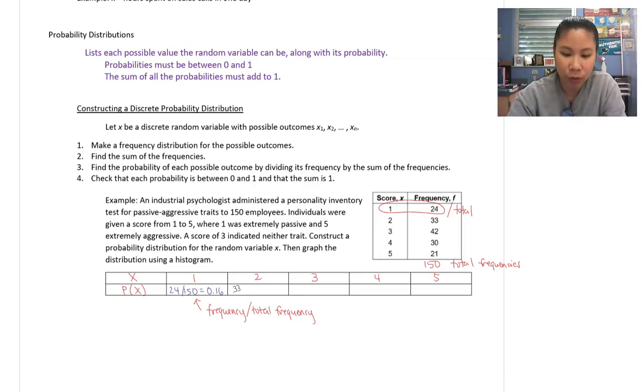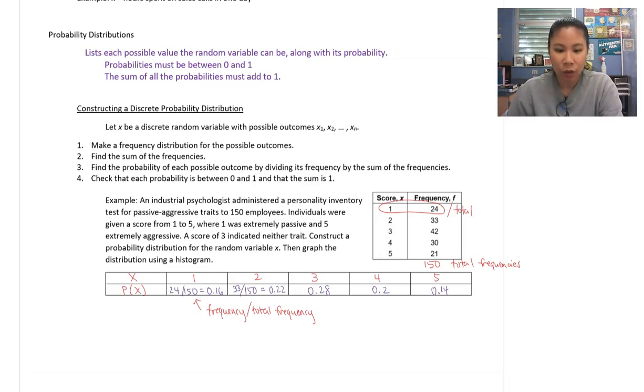For a score of 2, the frequency was 33 divided by 150, we get 0.22. For a score of 3, 42 divided by 150 is 0.28. For 4, if we divide 30 by 150, we get 0.2. And for a score of 5, 21 divided by 150 is 0.14.